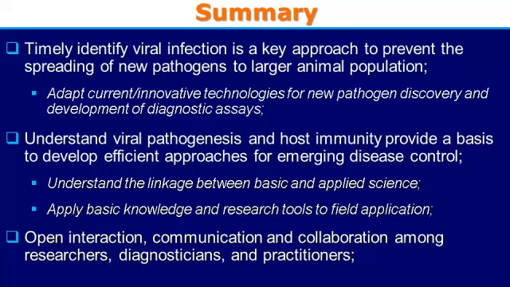And we have also been applying the basic knowledge and research tools to understand viral pathogenesis and host immunity, which provides a basis to develop efficient approaches for emerging disease control.